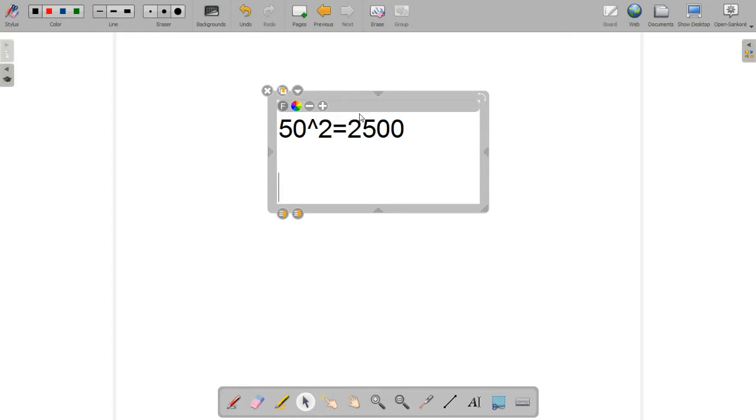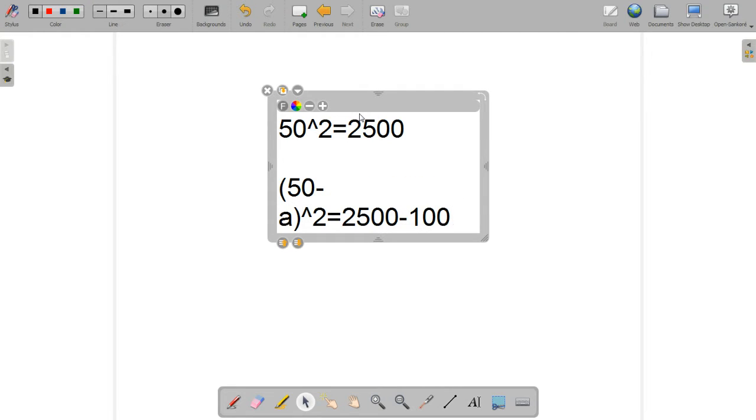Okay, so now let's make some. What happens if we actually square this? Well, you get 2500 minus 100a plus a squared.